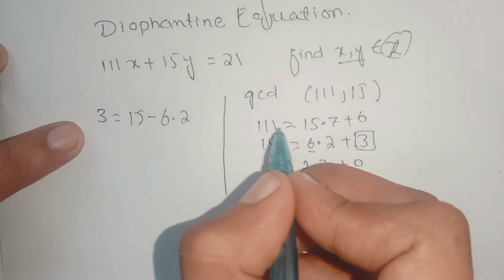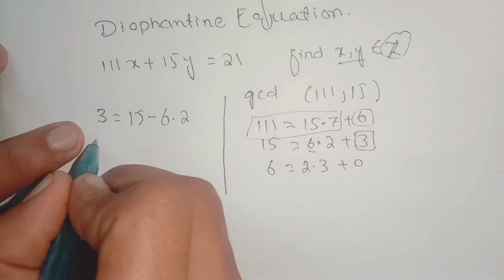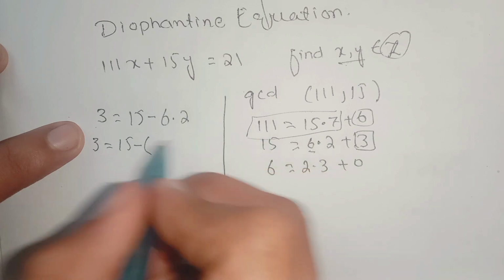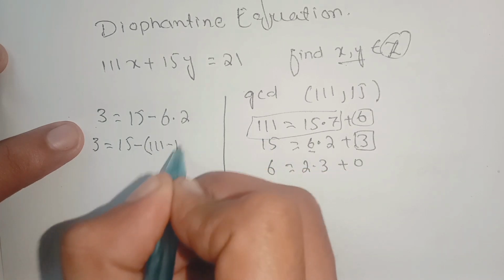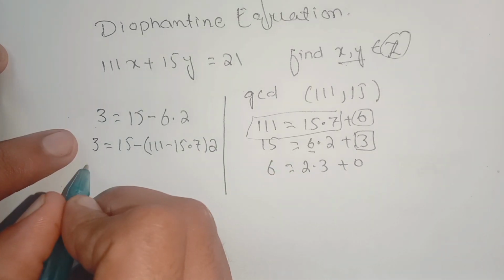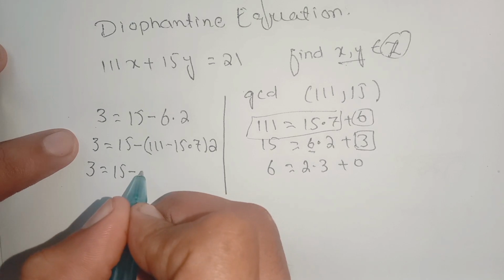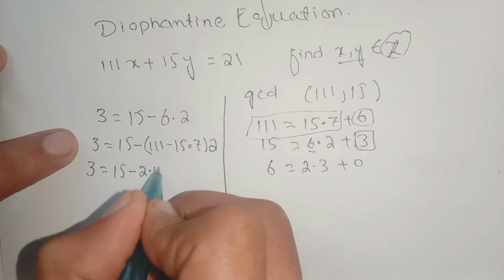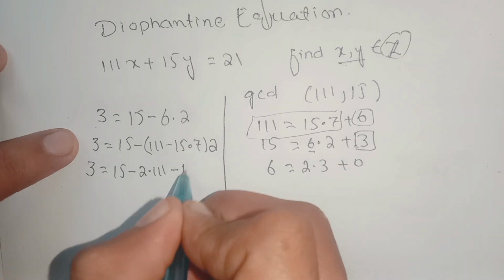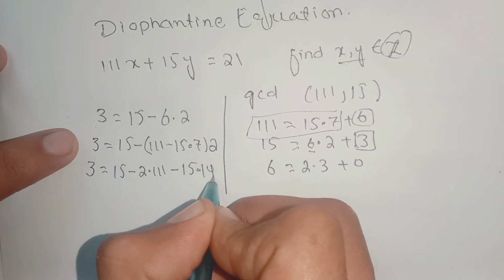From here we insert the value of 6 from this equation. This is the value of 6 we have, so it will become 3 equal to 15 minus 6, which is 111 minus 15 times 7, and here we have 2. So further simplifying, it will become 3 equal to 15 minus 2 times 111 minus 15 times 14.